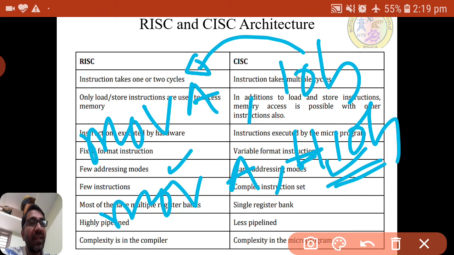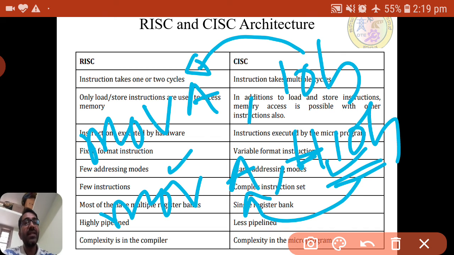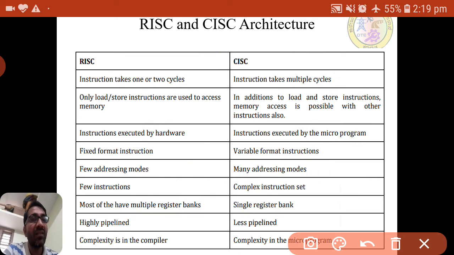The hash means the value 10 goes directly to A. This is just an example. The ways in which we can access values or data we call addressing modes. RISC has few and CISC supports more addressing modes.